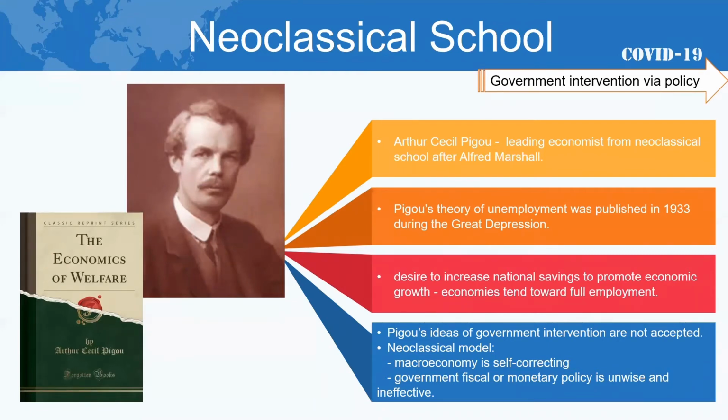Basically, this will increase demand in the economy and push it back to full employment. The same goes for application today due to the COVID-19 situation. Government should try to increase national saving first. For example, in Malaysia, the government has introduced the Malaysian stimulus package in order to boost the Malaysian economy.